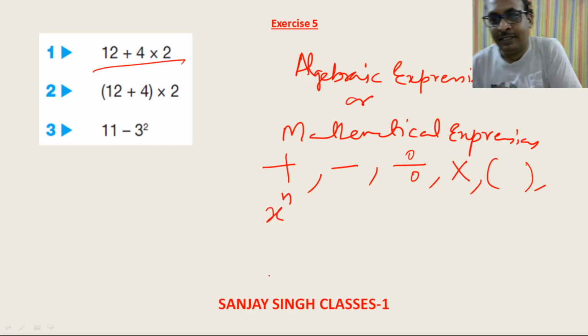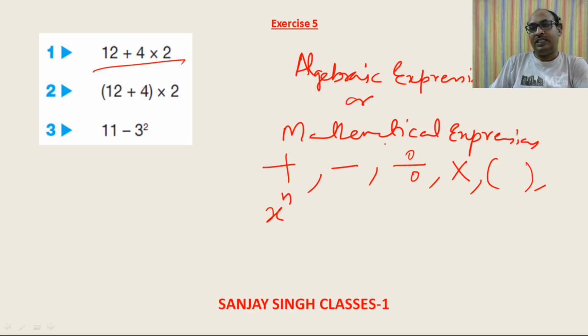When an expression consists of all these operators simultaneously and we need to simplify it, we follow the BIDMAS rule.